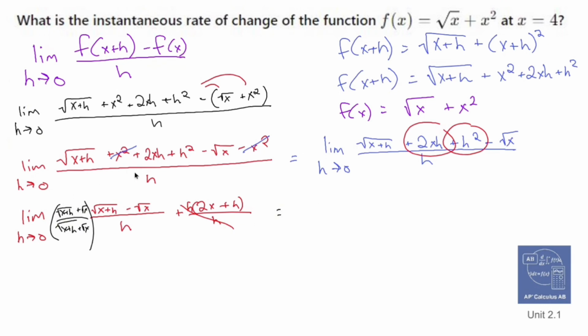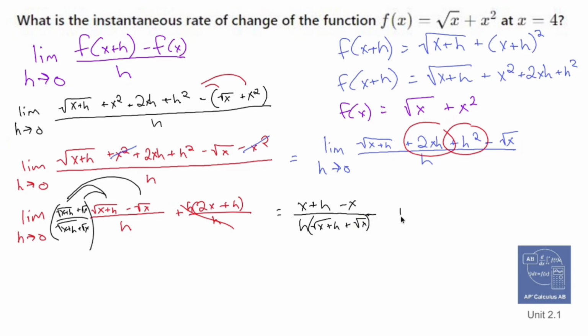What that does for me here after I FOIL this out is I get root x plus h times root x plus h, giving me x plus h, minus grossness plus the same grossness, so these will cancel out in the middle, and then minus x. And that's going to all be over h times the square root of x plus h plus the square root of x, right?